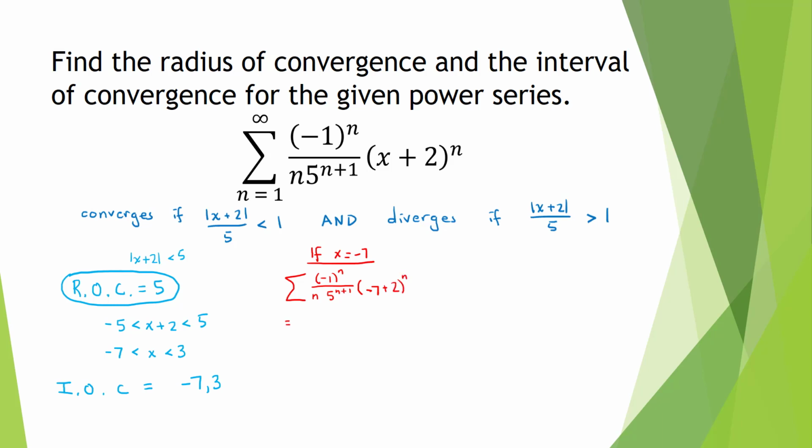So we have the series of negative 1 to the n divided by n times 5 to the n plus 1 times negative 5 to the n. I can split up negative 5 as negative 1 times 5. So we have the sum of negative 1 to the n divided by n times 5 to the n plus 1 times negative 1 to the n, 5 to the n.